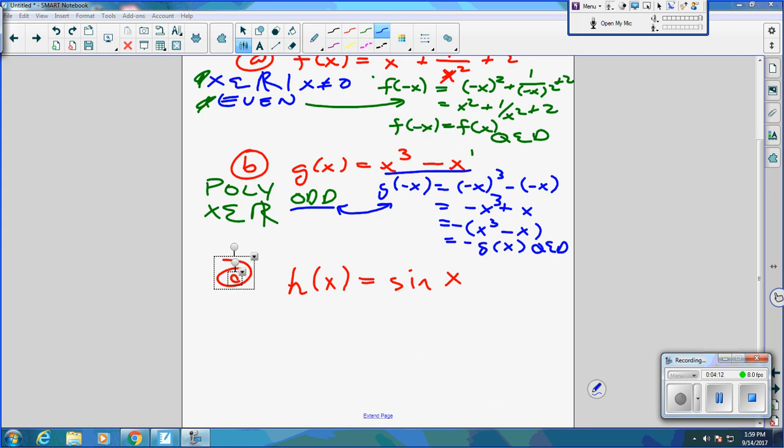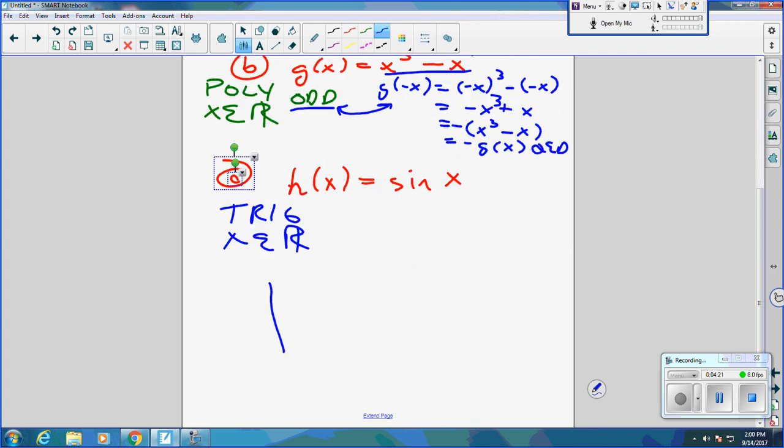Everybody, sine x. Can we all read the trig function? It is all reals. And hopefully, in your head, you are picturing something that goes from -1 to 1, like this. And we know that a sine function goes through the origin.